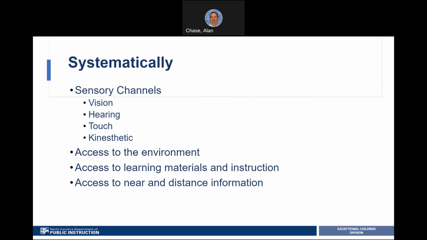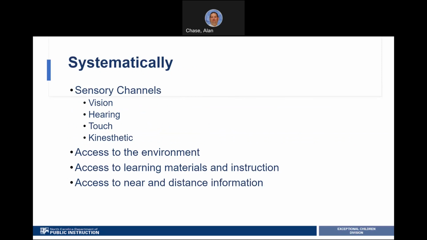A learning media assessment is also systematic in that it follows an established protocol. The TVI should assess the student's method of accessing their environment using 4 sensory channels, which includes vision, hearing, tactile means, and kinesthetic movement.